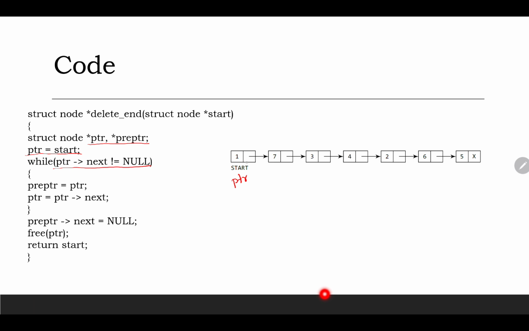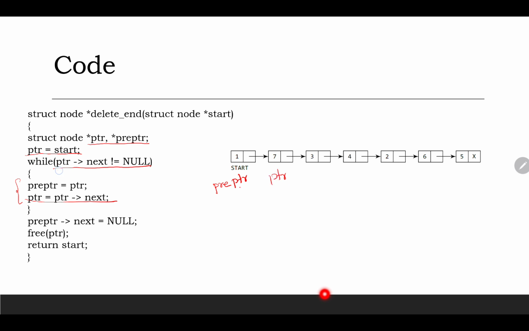This condition is true, so the loop will be executed. We assign pre-ptr equal to ptr, so this ptr node becomes the pre-ptr. Then ptr is equal to ptr->next, so the next node becomes the ptr node.